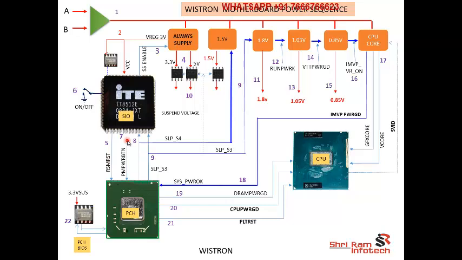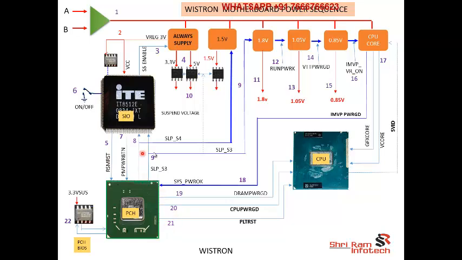In QUANTA and in COMPAL, SIO is responsible for turning on all these pulse width modulators. In WISTRON, SIO is not responsible for turning on the motherboard. It gets only the acknowledgement from the PCH to turn on. Here the PCH turns on the whole power sequence.